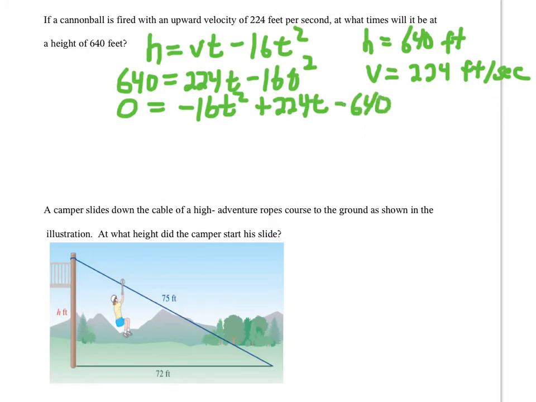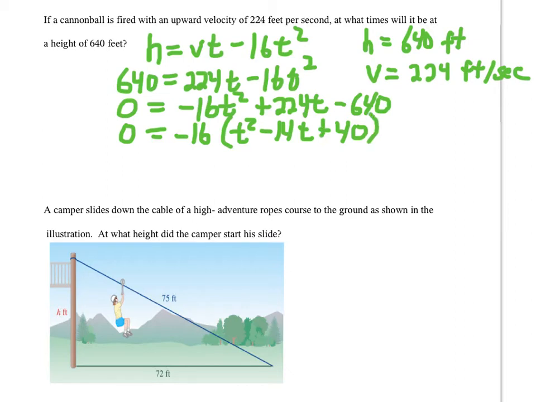Now I'm going to check for a common factor. I'm going to try to factor out a negative 16, and let's see if that goes into 224. I'm going to pause and check that real quick. It does factor out, so I'm going to have 0 equals, I'm going to factor out negative 16, and then it'll give me t squared minus 14t, and then plus 40.